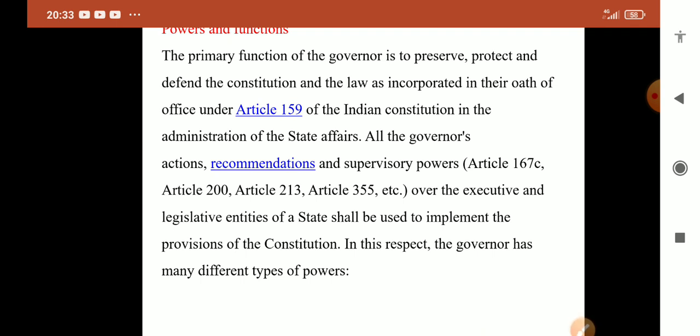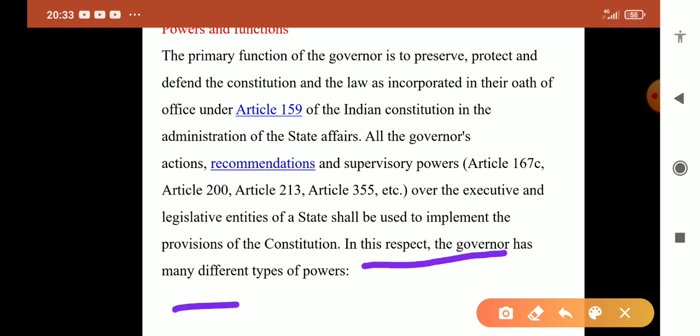All the governor's actions, recommendations, and supervisory powers under Article 167C, Article 200, Article 213, Article 335, etc. over the executive and legislative entities of the state shall be used to implement the provisions of the constitution only. In this respect, the governor has many different powers, right? So under these provisions, governor has many powers.